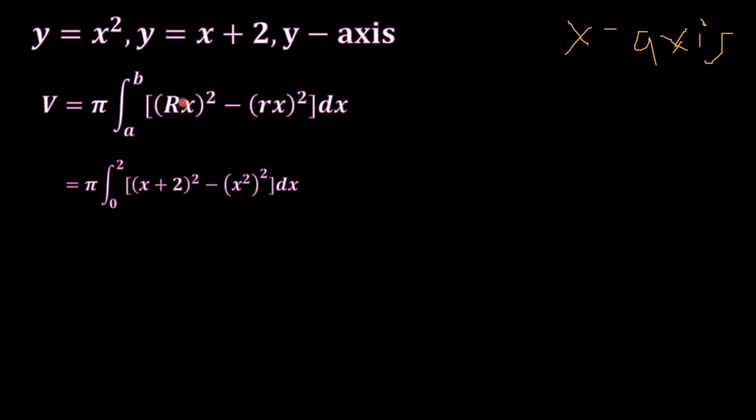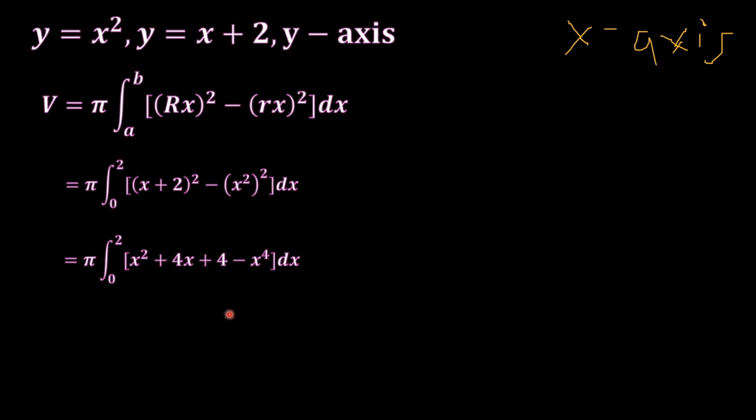So that times the outermost radius, which you could notice was the line, so it's x plus 2, minus the innermost radius, which you could notice was the exponential function, so it's x squared. And we're just going to be squaring these two functions.